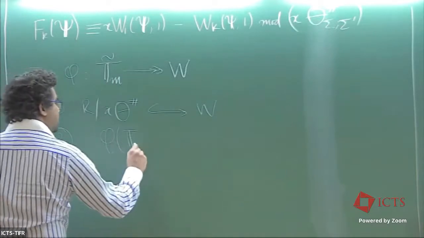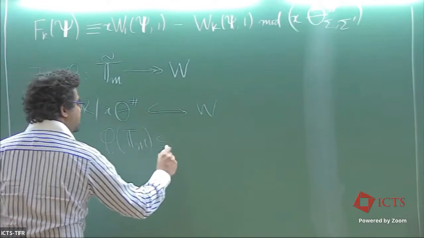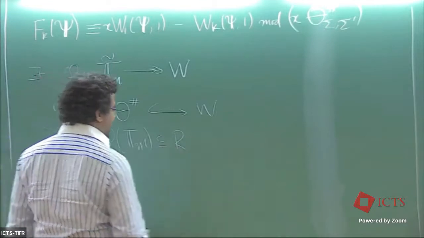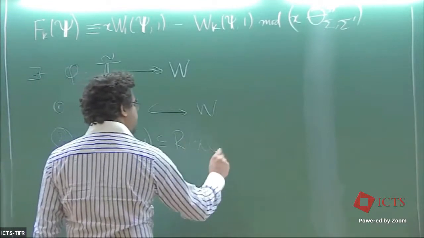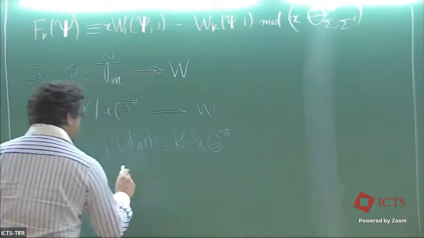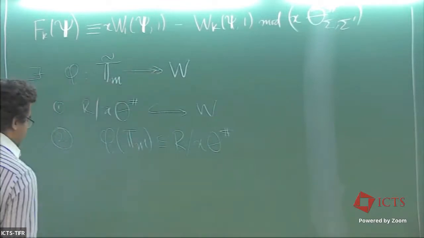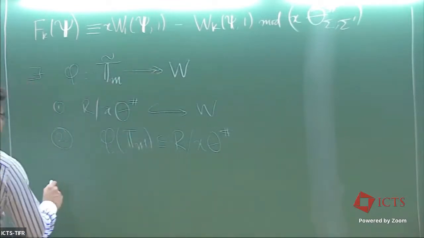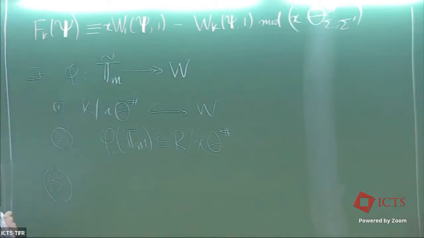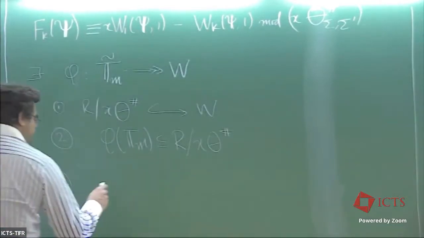Phi of T_m is contained in the image of R mod x theta hash. In fact, we know more about what happens to the image of Hecke operators T_l and the diamond operators, but I'll not write that down.